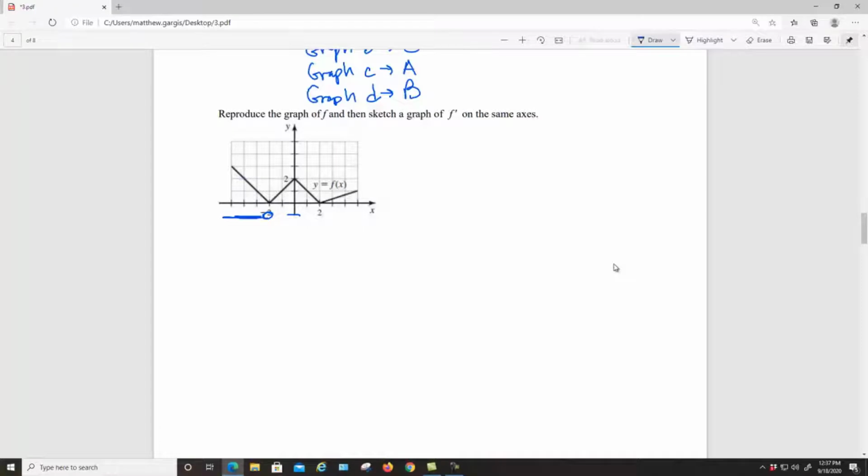Over like that. And then from -2 to 0, the slope looks like it's up 1 over 1. So that would be the line y equals 1. So that would be from here to here. I'm sorry, just to 0.